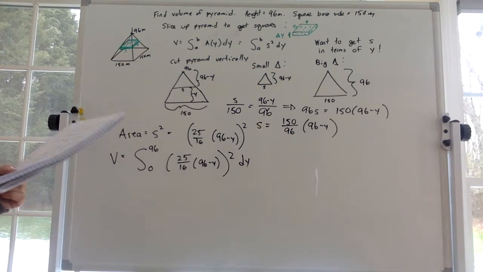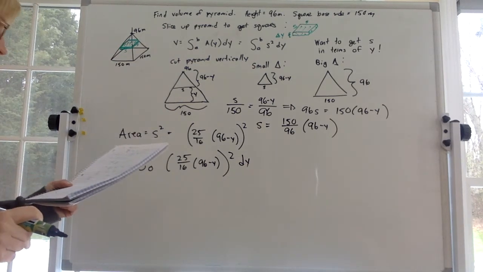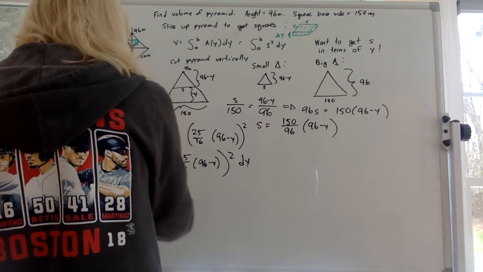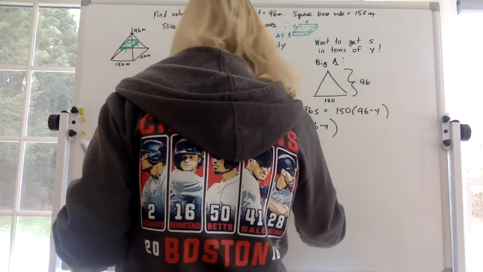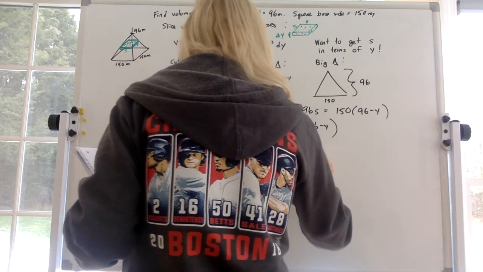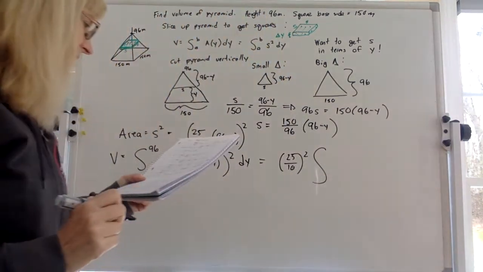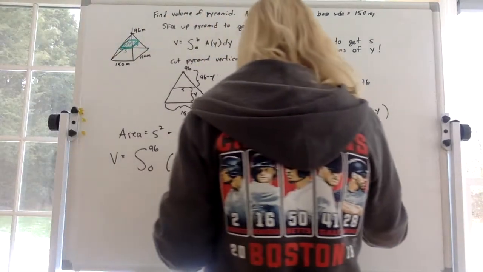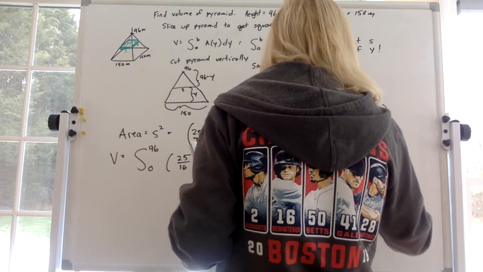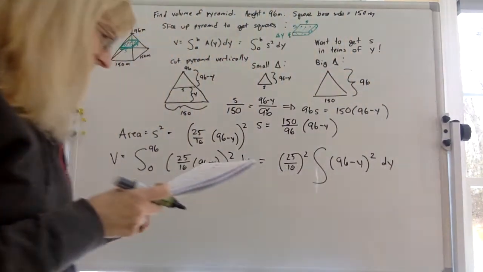Then what did I do? I took the constant out, squared it, and put it out in front of the integration. So it's 25 over 16, squared. What I've got left inside is 96 minus y squared dy. That makes it a little cleaner looking.